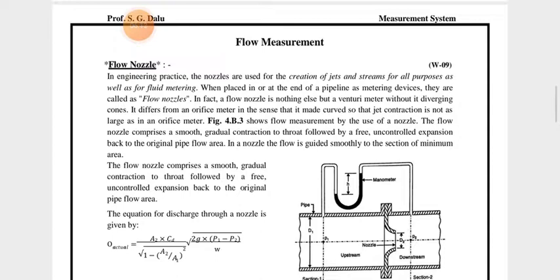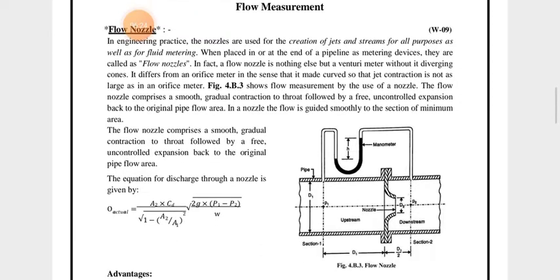Here in the diagram we can see that there is a gradual decrease in the area at the nozzle section. That's why the flow nozzle comprises a smooth and gradual contraction to the throat, followed by a free and uncontrolled expansion back to the original pipe flow area.